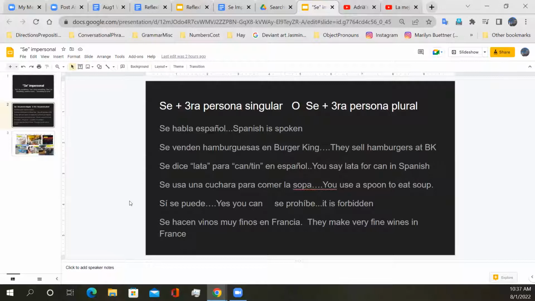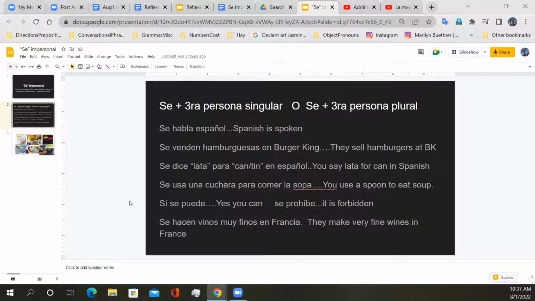We don't really know. Hamburgers are sold. That's what we call passive voice. They are sold. The hamburgers aren't selling anything. They are being sold. Se venden hamburguesas. And there it's got to be se venden, plural, because we're talking about hamburguesas, burgers, more than one, a whole bunch of them. Se venden hamburguesas en Burger King.